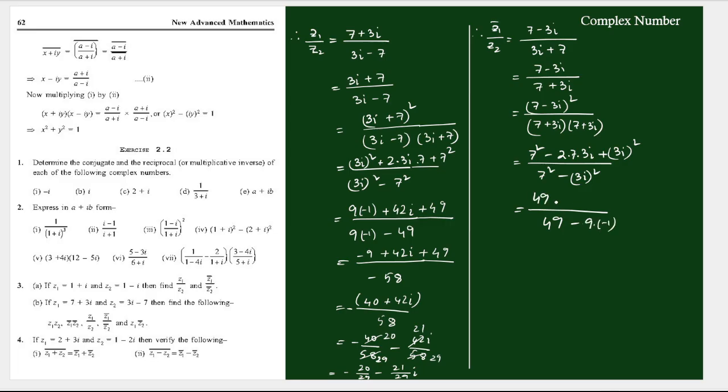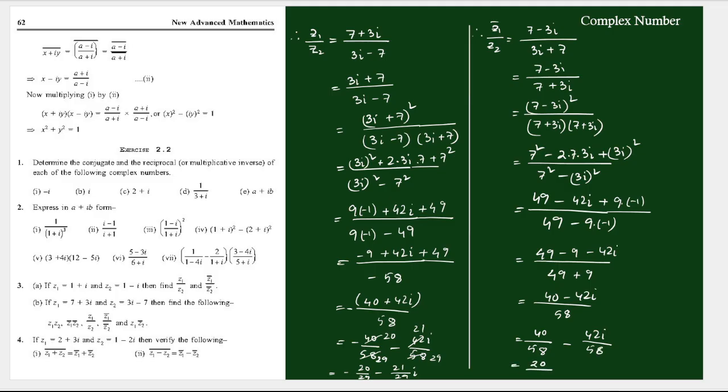So 7 square is 49, minus 42i same, plus 9 into minus 1. So 49 plus 9, then 49 minus 9 minus 42i. So this is 58, this is 40 minus 42i. Now you break them into the real part and the imaginary part. 42i by 58, and same, if you cut them, then you'll get 20 by 29.